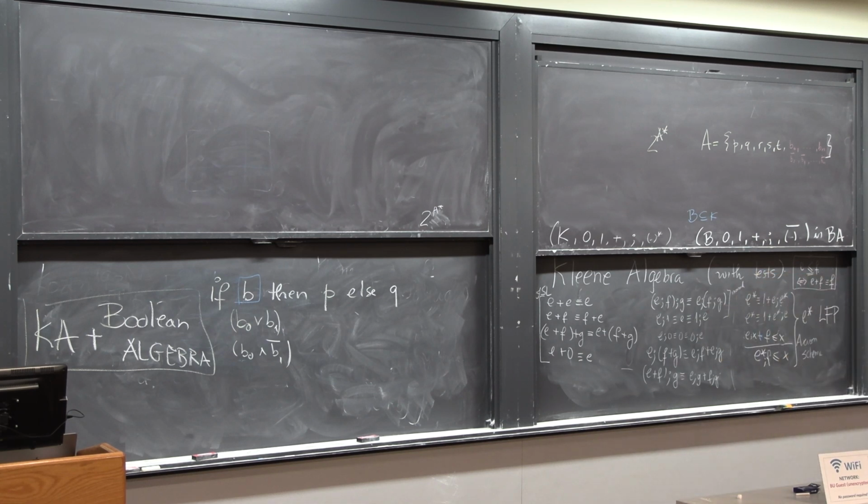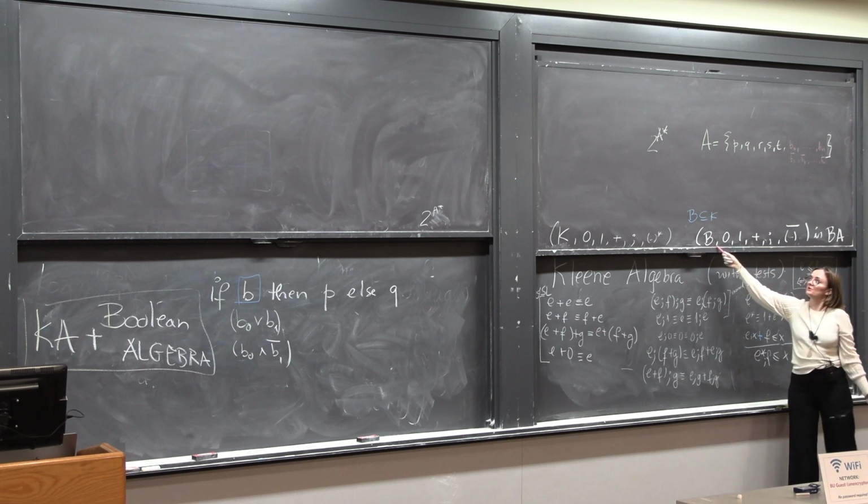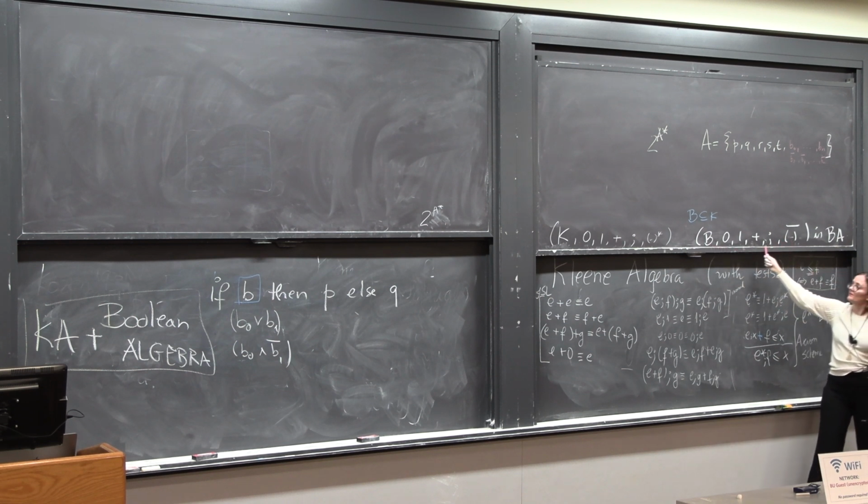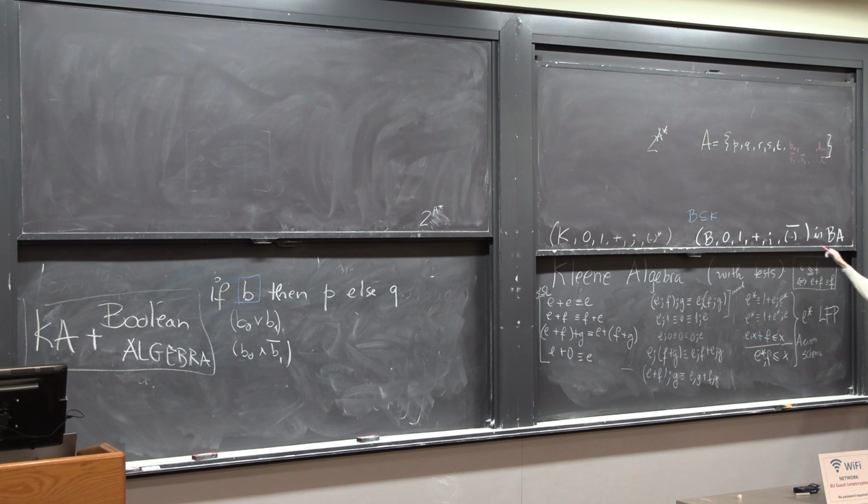If I use them in the middle of a program, they are just asserting that a certain test is true. But if I use them in a conditional, I'm going to think of all those red letters as forming a Boolean algebra. That's why I gave them barred friends, because then I can define this bar just inductively.